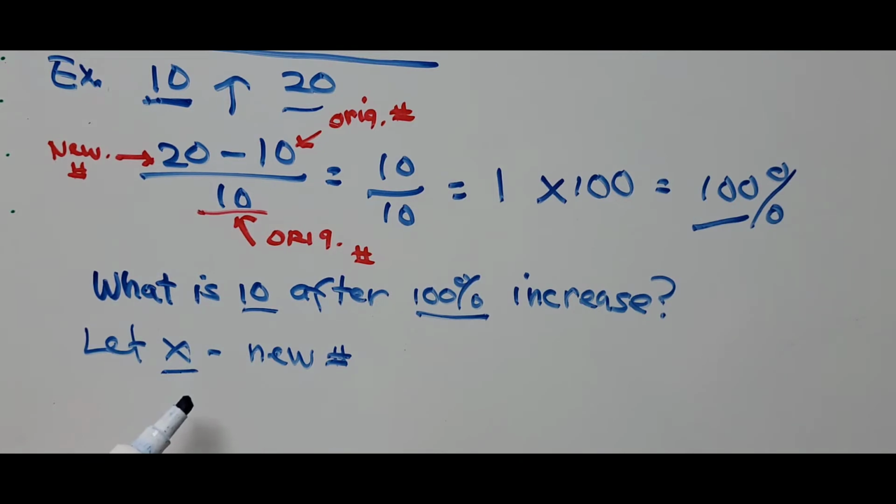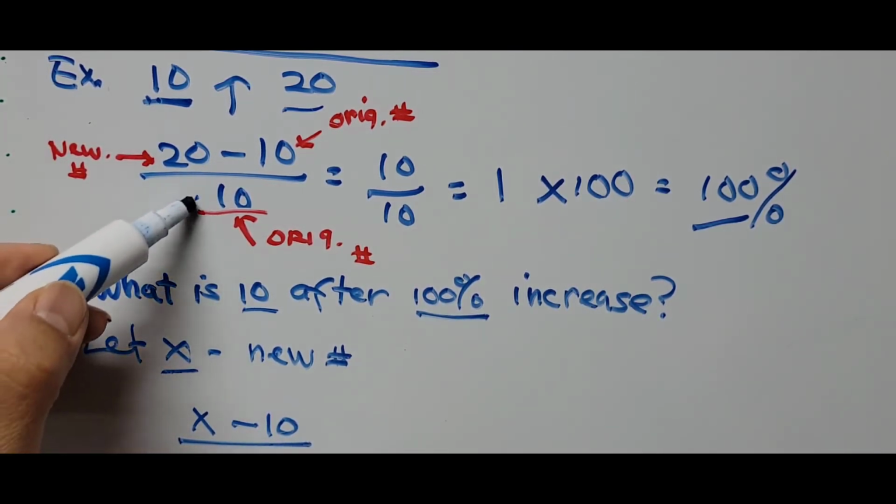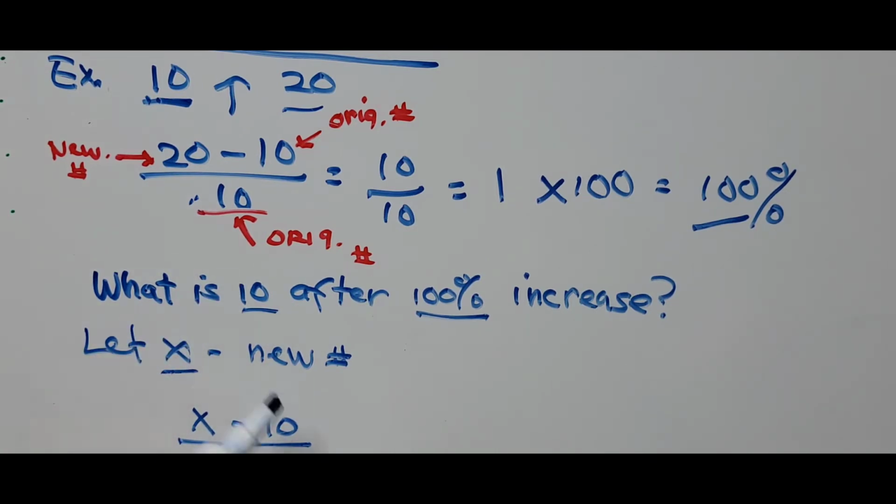Since x is greater than 10, we subtract 10 from x. So that will be x minus 10 divided by, as I have just mentioned earlier, the denominator should always be the original value, which is 10 right here. And the percent increase is 100%.